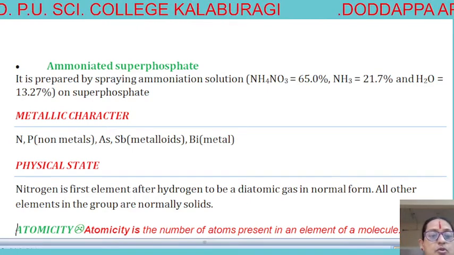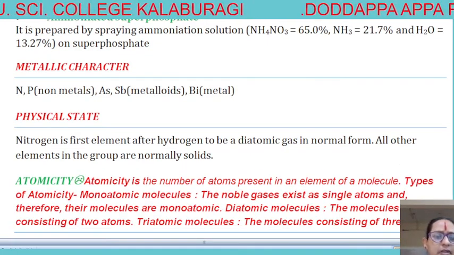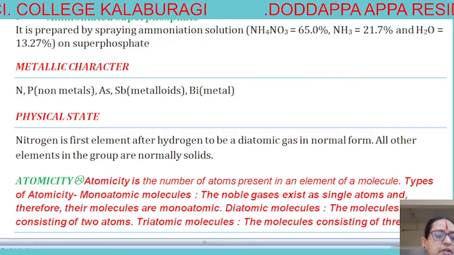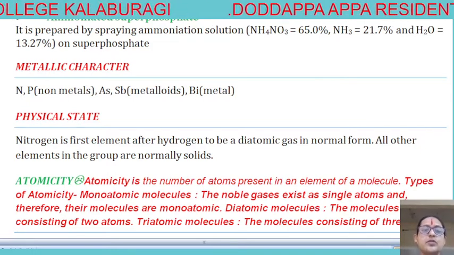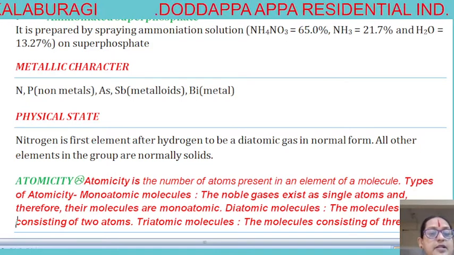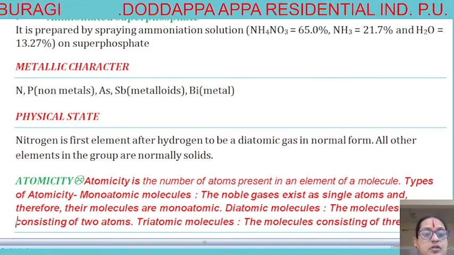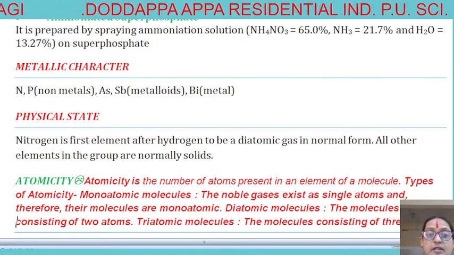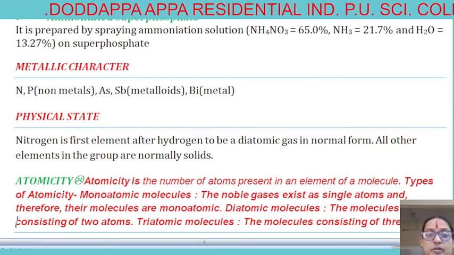Next, let us look at the metallic character, which is nothing but the electropositive character. As we go down the group, atomic size increases. As atomic size increases, these elements are able to lose electrons easily, as the nucleus is very far from the last orbit.